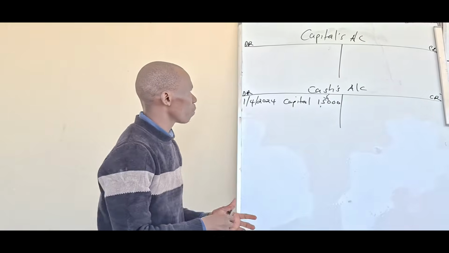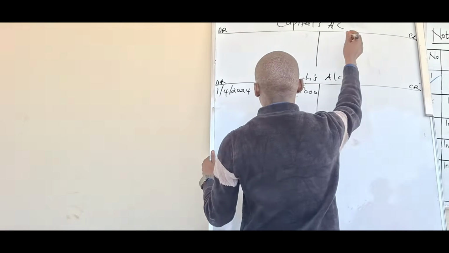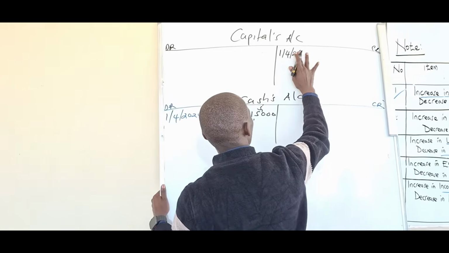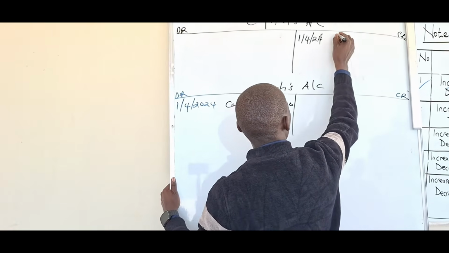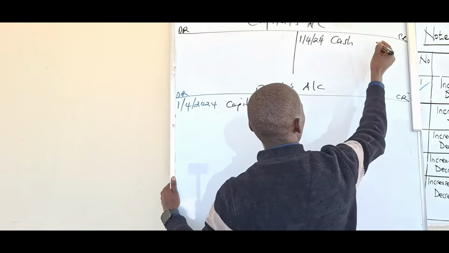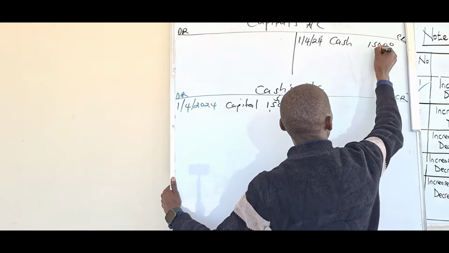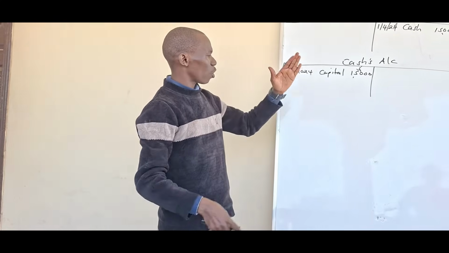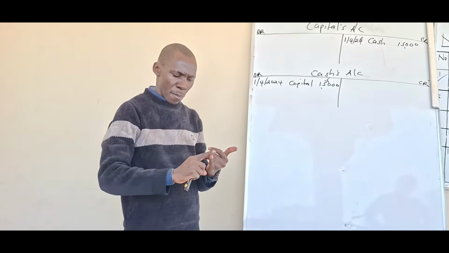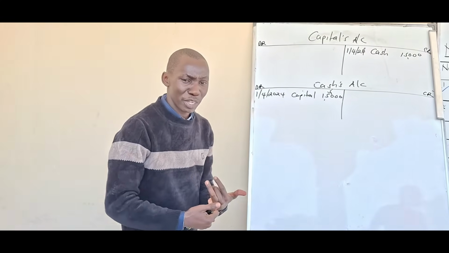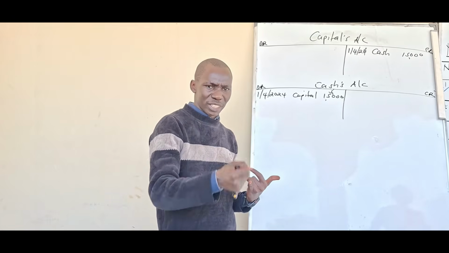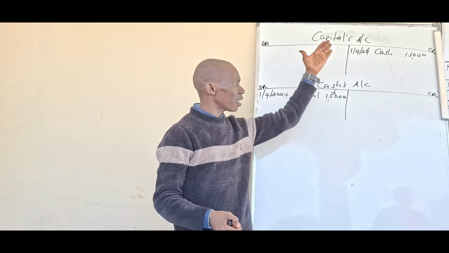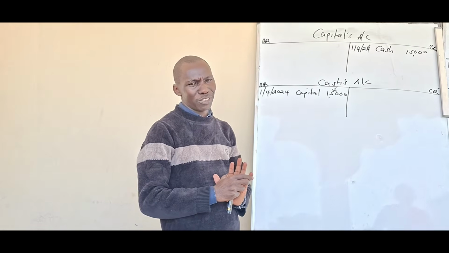So you have capital 50,000 on the same date. Capital from where? From the cash account. How much? 50,000. The moment you record our transaction like that, you have complied with the principle of double entry, that says for each transaction, for each entry, we must have both a debit entry and a credit entry. Hope that is really very clear.